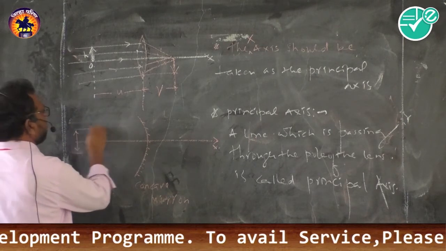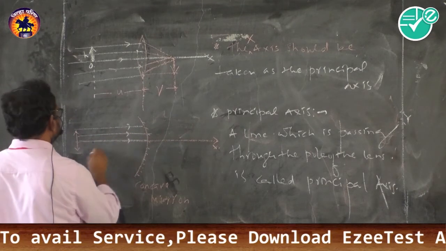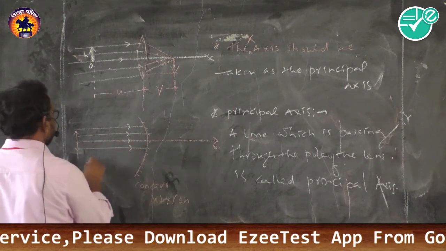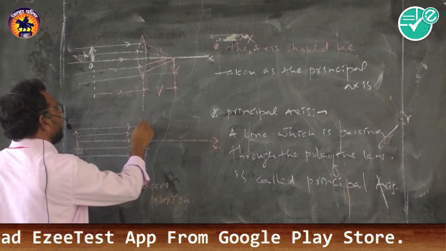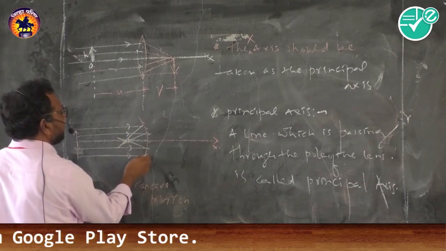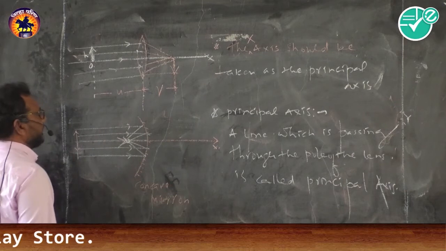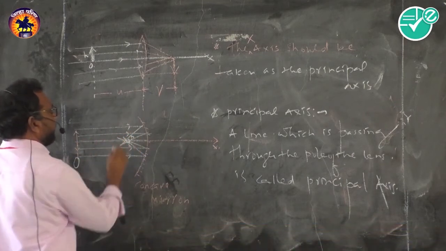All these light rays emitting from the object are incident as diverging beams, and they reflect and converge somewhere here, and the image of this object is formed at the point P.